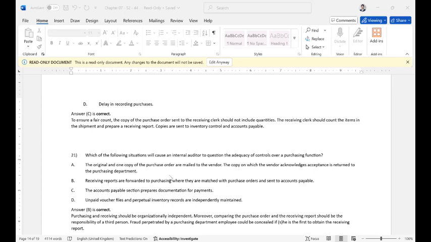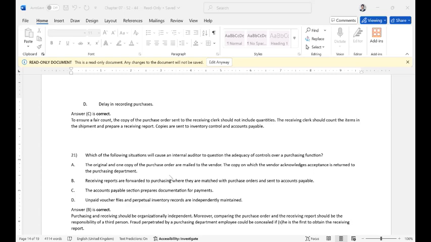What happens is a copy of the purchase order is sent by purchasing to the receiving department, the stores. When the goods come, the invoice is sent in the lorry, and there might be a packing list with the goods.